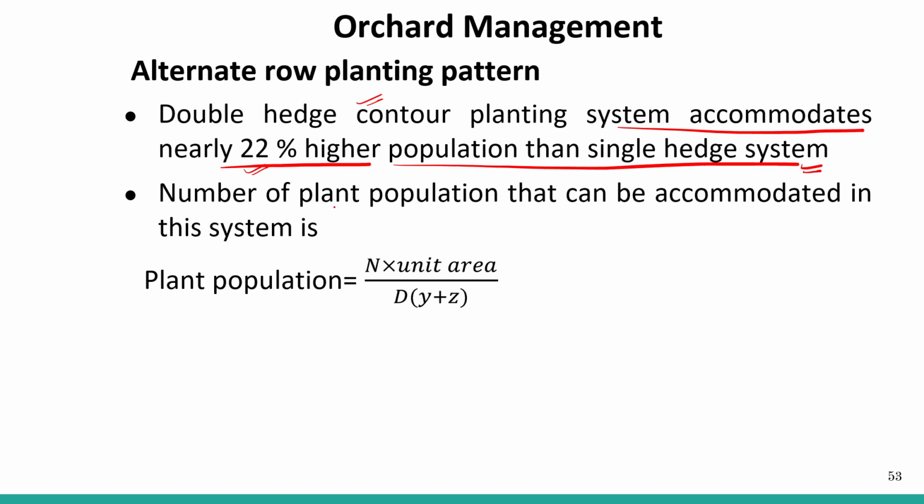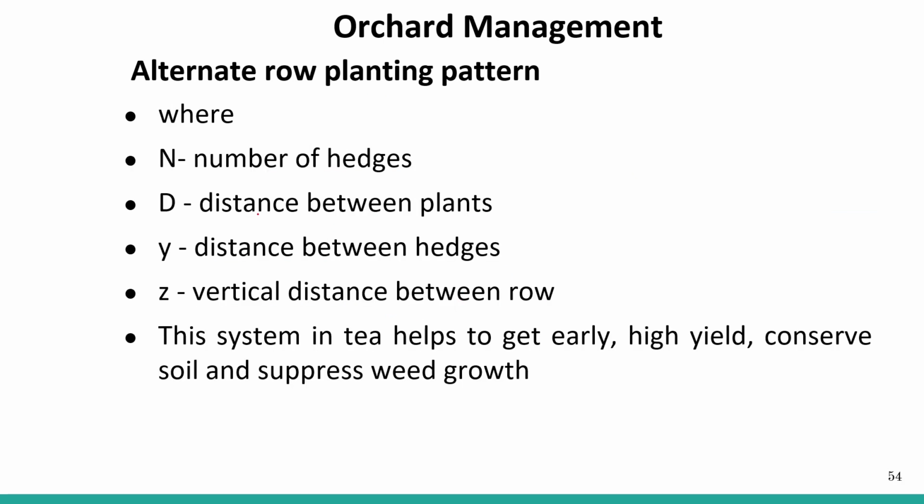And the plant population that can be accommodated in this system is N equals the number of hedges into unit area, divided by d into y plus z. So let us know what these units are. N is the number of hedges. Suppose there is 1 hedge, then it will be 1.